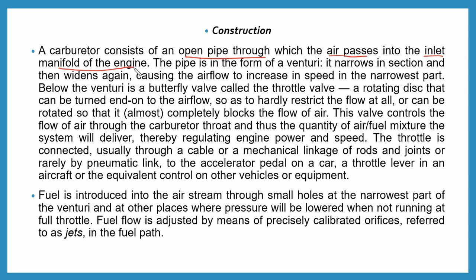The pipe is in the form of a venturi, so it has a narrow section and a wide section, because this helps the airflow to increase in speed in the narrowest part.